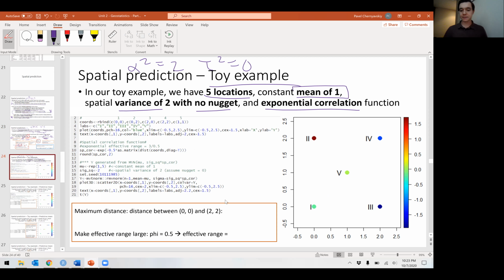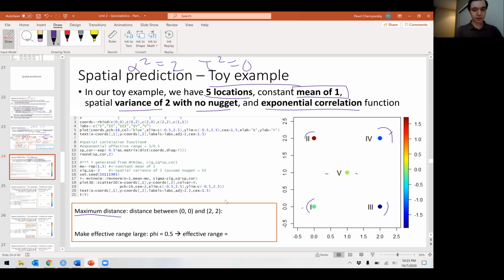So I have data from 0, 0 to 2, 2, and everything in between. I laid out these 5 points very deliberately. What is my maximum observed distance in these data? Well, it's between 0, 0 and 2, 2, and also between 0, 2 and 2, 0.